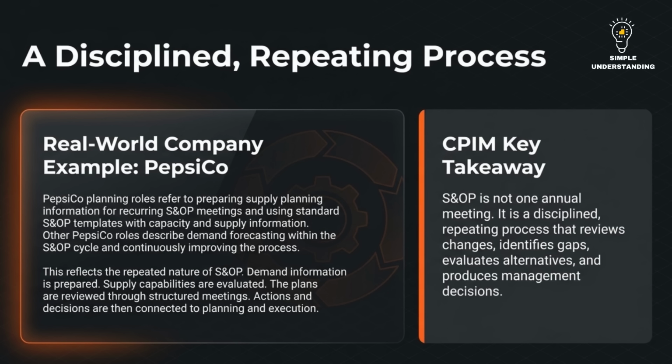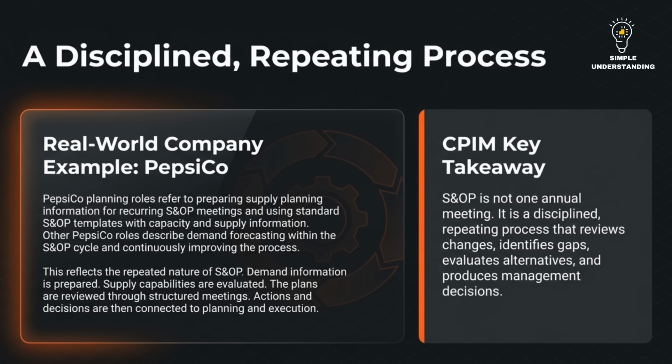Real-world company example, PepsiCo. PepsiCo planning roles refer to preparing supply planning information for recurring S&OP meetings and using standard S&OP templates with capacity and supply information. Other roles describe demand forecasting within the S&OP cycle and continuously improving the process. This reflects the repeated nature of S&OP.